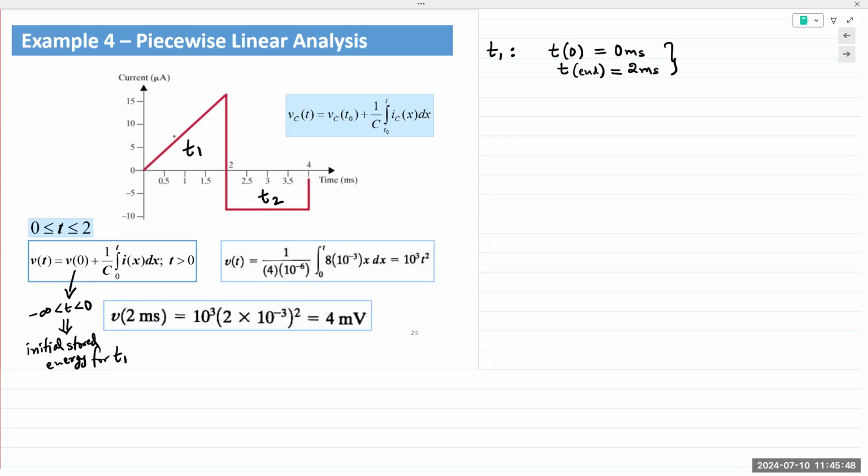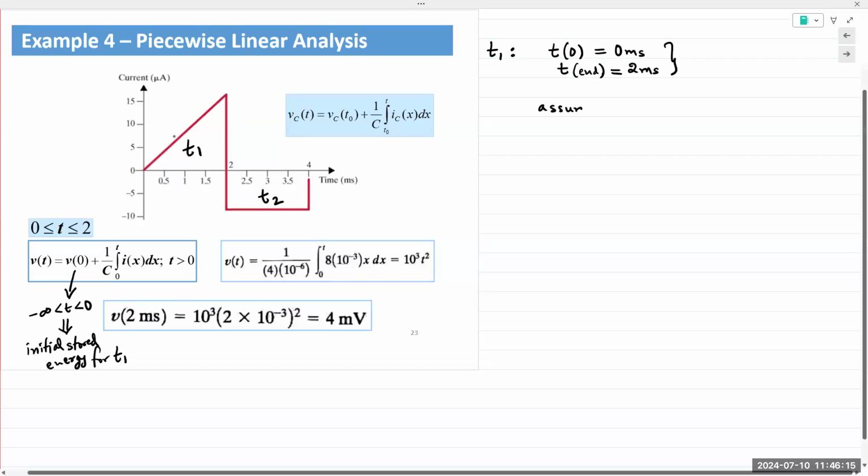Now, if we are beginning our analysis at 0 milliseconds, we have to add in all of the stored energy prior to 0 milliseconds. Is anything given to us? No, nothing is given to us. It does not state in the problem explicitly. There is no other way we can determine it. So if something like that occurs, then we assume that there is no energy stored.